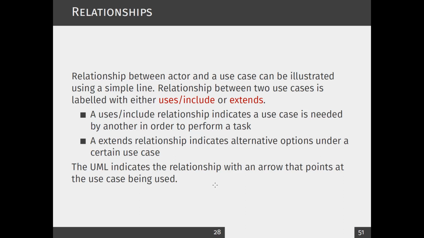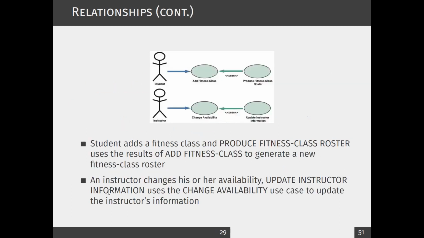UML indicates a relationship with an arrow that points at the use case being used. For the first one, we have a student at a business class and the schedule should be empty.